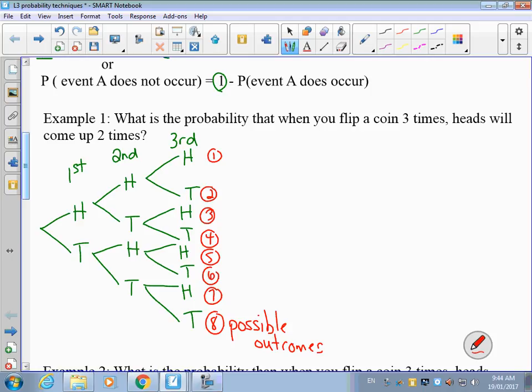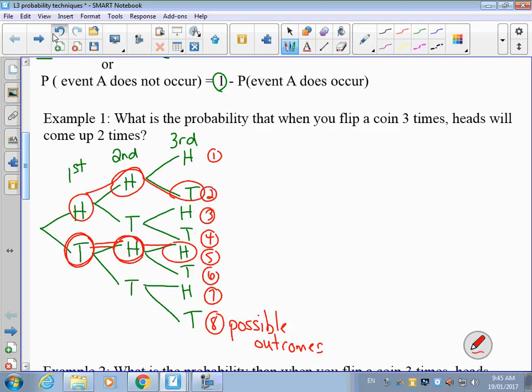I want to know, should I have 2 heads? So if I got heads here, and then tails, that's what I'm looking for. Heads will come up 2 times. So I've got 2 heads in that scenario. Another place I would get 2 heads would be tails, heads, heads.